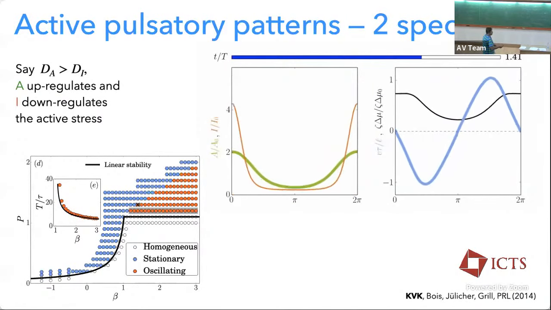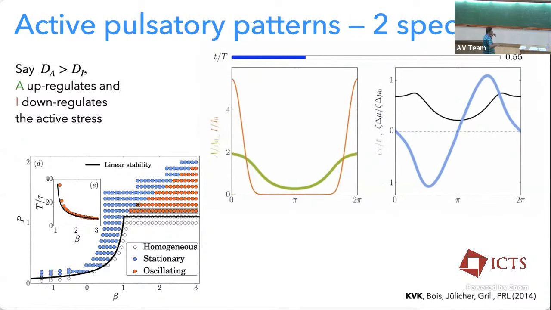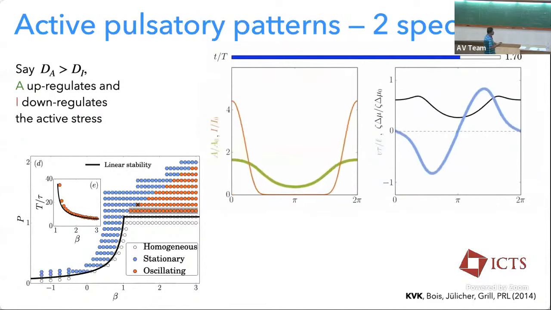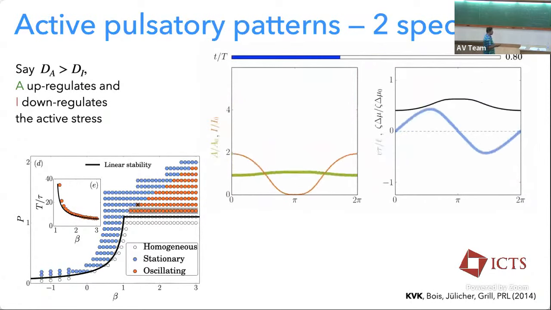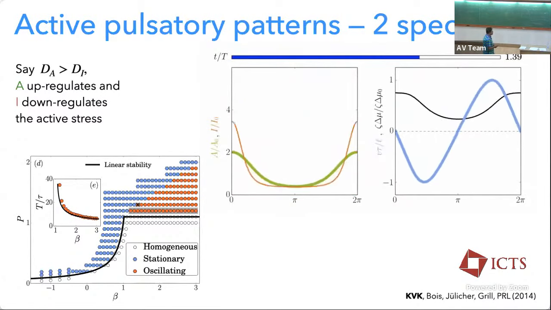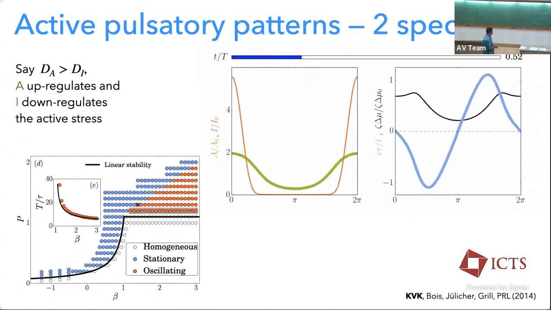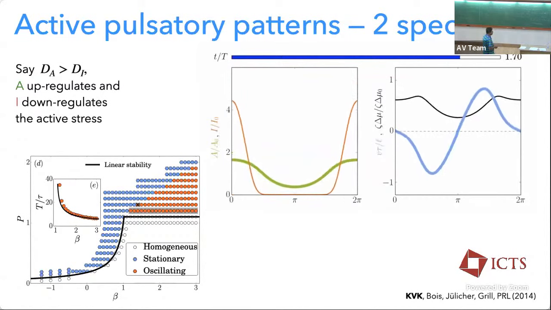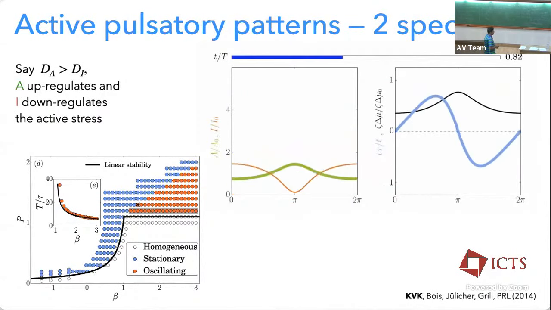So locally it will create a destabilization, and that will push away both the concentration fields. But then A will again try to pull back. So there's a competition between how fast you move out by diffusion and whether you upregulate or downregulate. And you can write down a nice intuitive picture where you can show that if you satisfy this criterion of fast diffusing upregulator and slow diffusing downregulator, you actually get a nice traveling oscillating pattern.